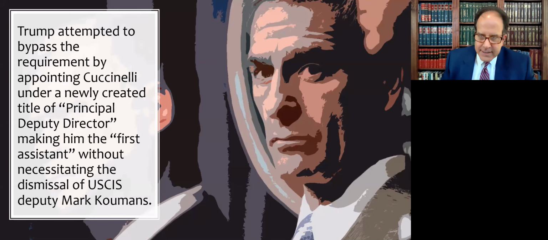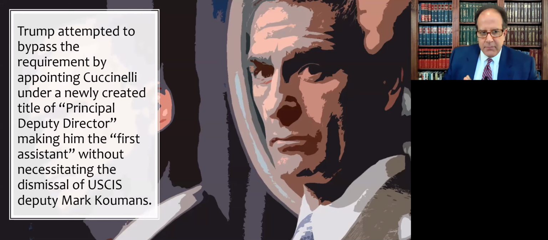President Trump had attempted to bypass the requirements by basically creating a brand new position after the head of the agency left, called Principal Deputy Director. They just created a title and then appointed Cuccinelli to that so that he could then move directly into being an acting director of the Immigration Service.